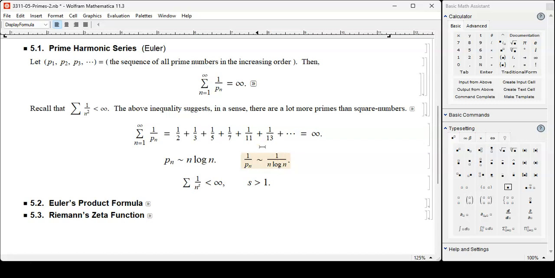And then how about the series with 1 over n log of n? You can prove that series goes to infinity by the integral test. Remember this? The integral to infinity. I cannot start from 1 because the denominator will become 0.